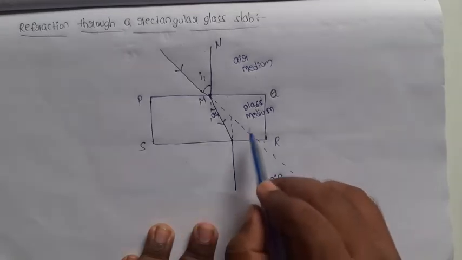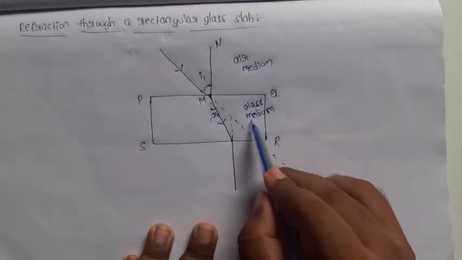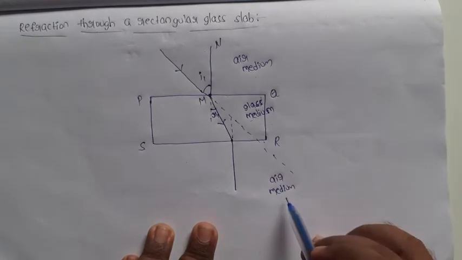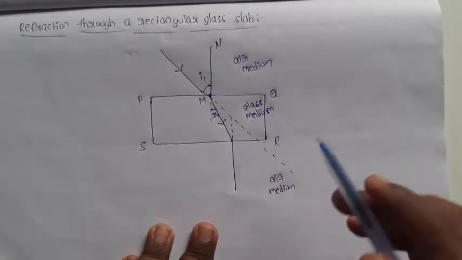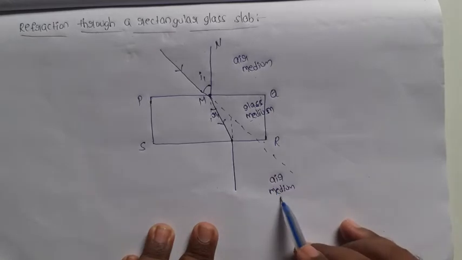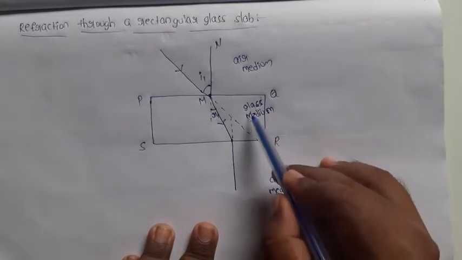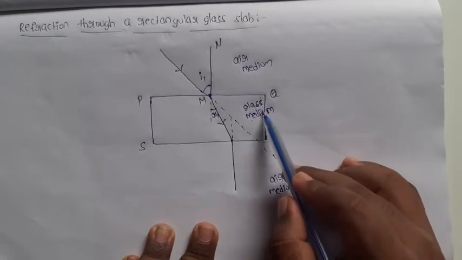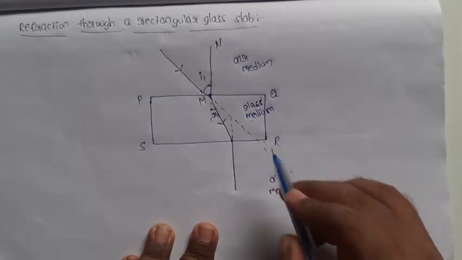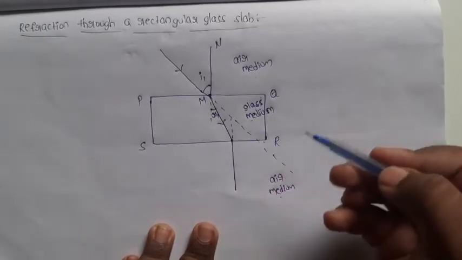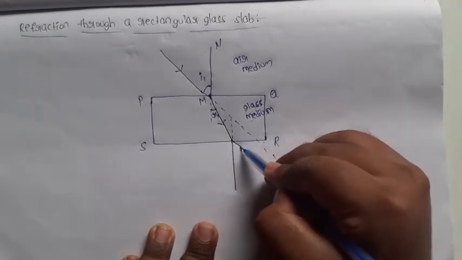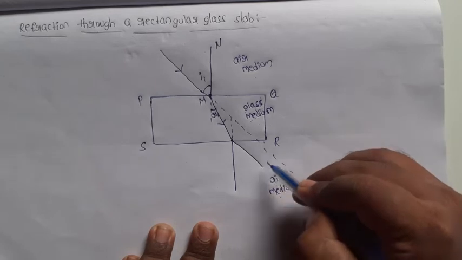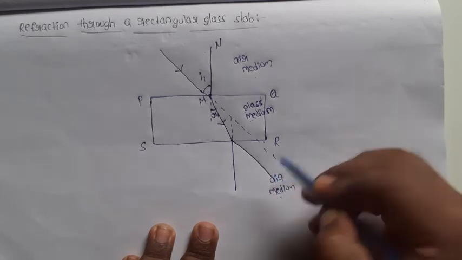Now light is traveling from glass medium to air medium. Glass medium means denser medium, air medium means rarer medium. When light travels from denser medium to rarer medium, light travels away from the normal. Away from the normal means this is the direction of the light.